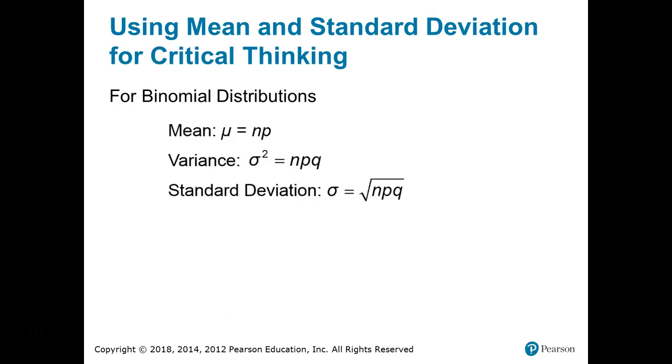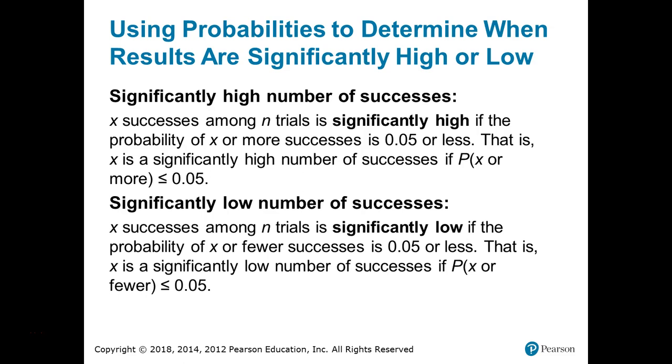So we need to use mean and standard deviation for critical thinking. The mean is going to be mu is equal to n times p. The variance is going to be sigma squared equals npq. And the standard deviation is going to be the square root of that. So then what makes something significantly high or significantly low?